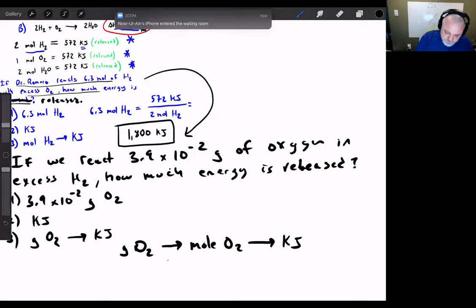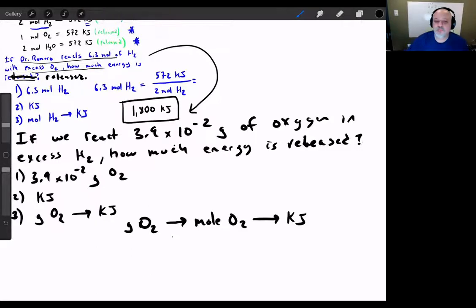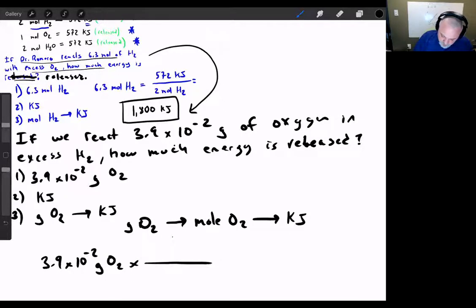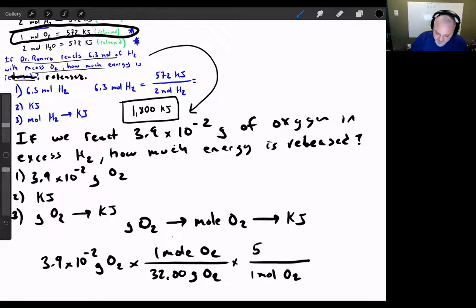So putting it together, I would say 3.9 times 10 to the negative 2 grams of oxygen. 32.00 grams of oxygen is 1 mole of oxygen. Now we use the stoichiometry from the thermochemical equation, and it was 1 mole. I know you can't see it, but it is actually still right here. 1 mole of oxygen was 572 kilojoules released.